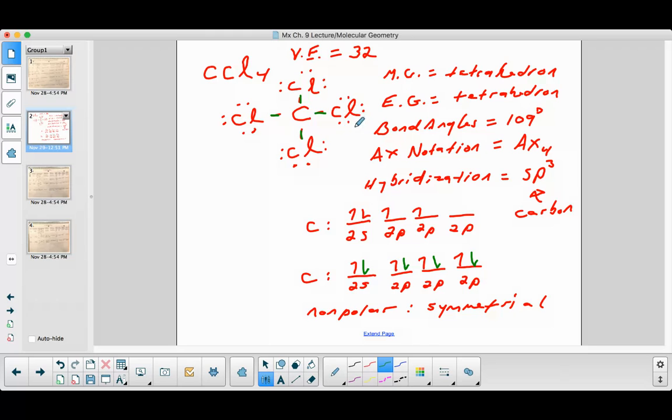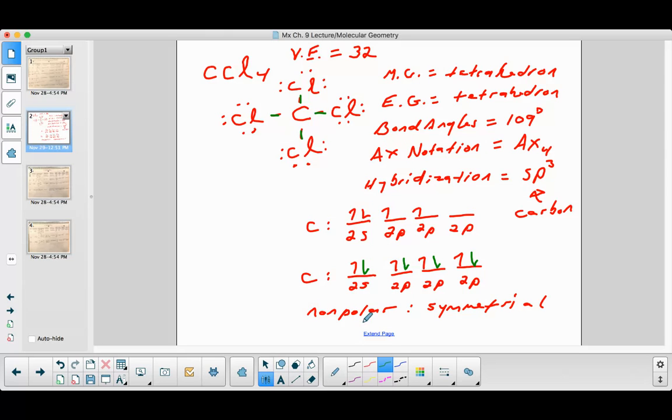So if I had to identify the hybridization of this terminal atom chlorine, it too would be an sp3, meaning that there's 4 places for bonding to occur. But I wouldn't worry too much about that. We're not going to talk about the hybridization of the terminals. I won't test you on that.